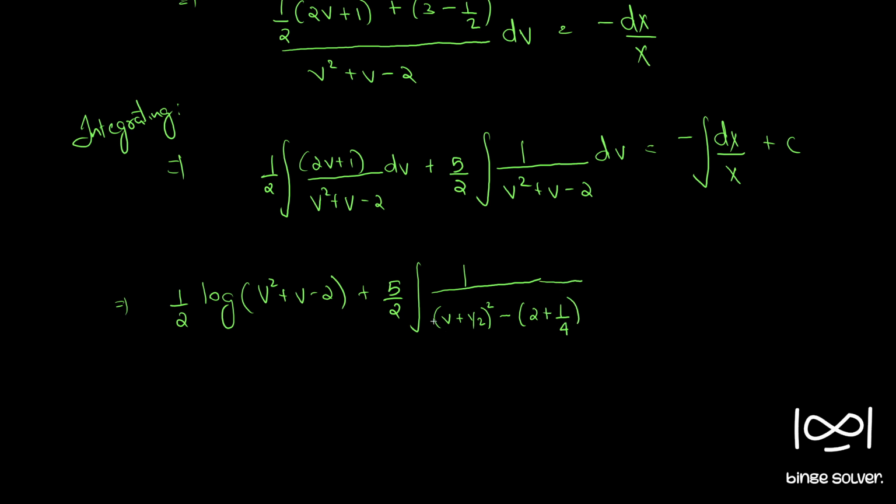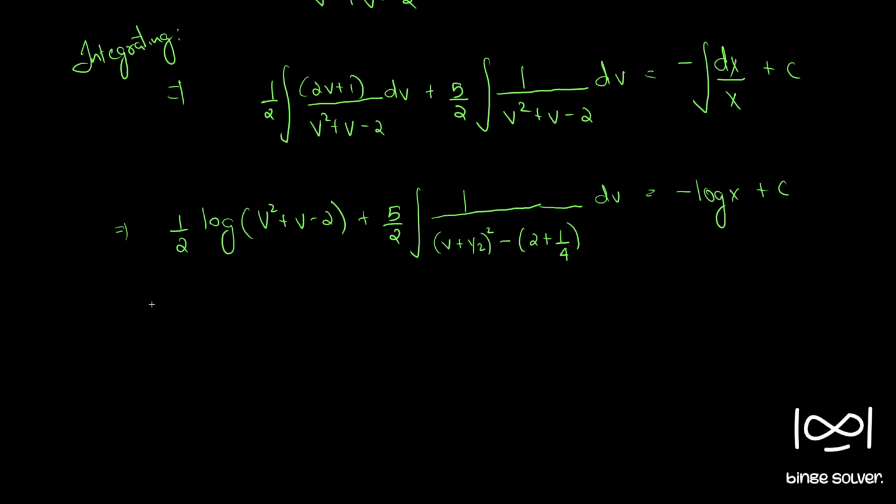If we open up these two brackets, we will have v square plus v minus 2 only. The reason why we split the denominator into this form is that we can then use the standard integral formula to solve this integral. We'll do that in the next step. So minus dx by x becomes minus log x plus c.